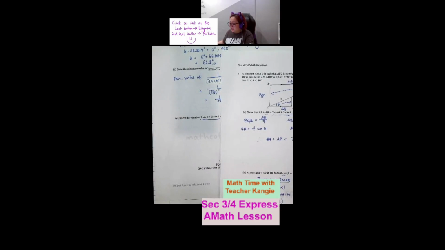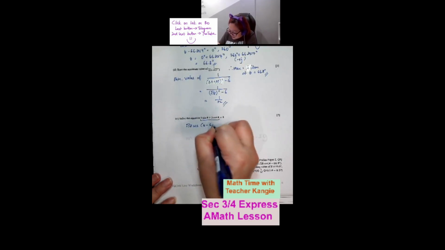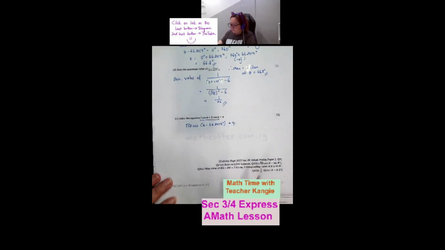So to solve this equation, I simply change this to become square root 58 cosine theta minus 66.8014 degree equals 4, because in the front part we already changed these two terms to become this. That is how you solve the equation for this type.